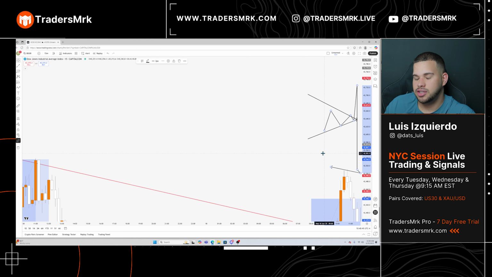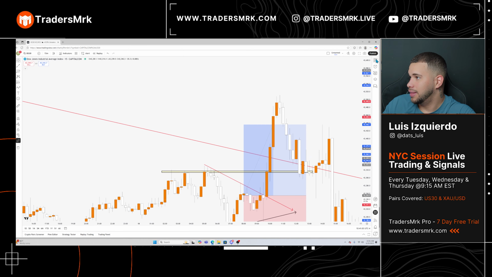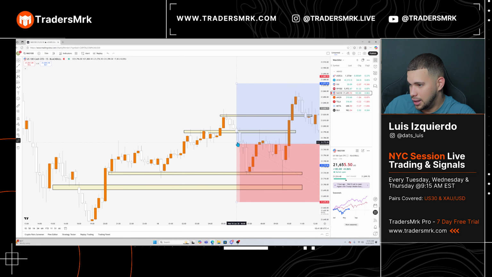This is very important to know in case it breaks up and you think it's going to hit your take profit, and then the strength starts to die down. Look for an exit or have your stop loss at a proper place so you don't lose all of your profits. So that was the trade there, and then NAS 100. We go to NAS 100, and this is the trade here on NAS 100.